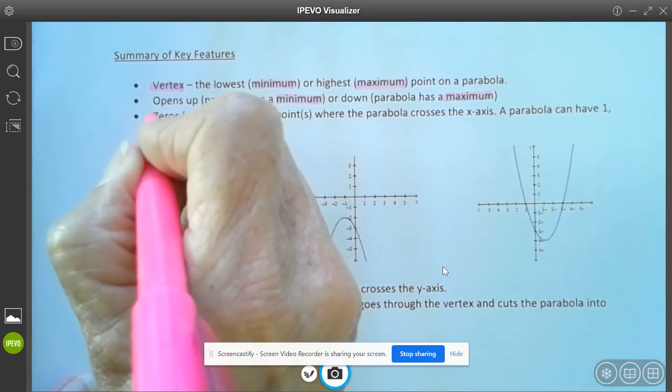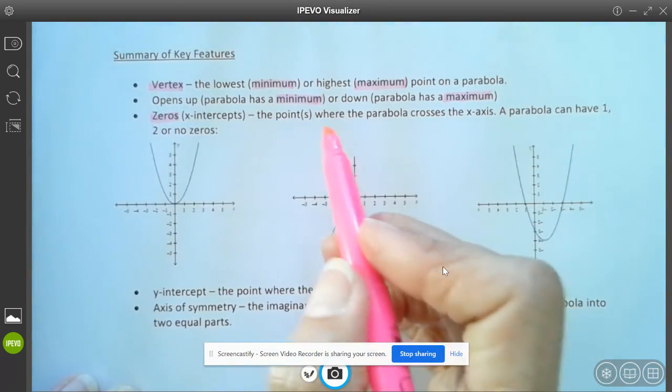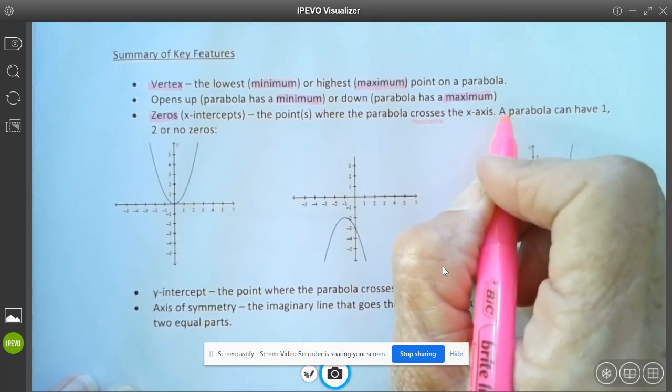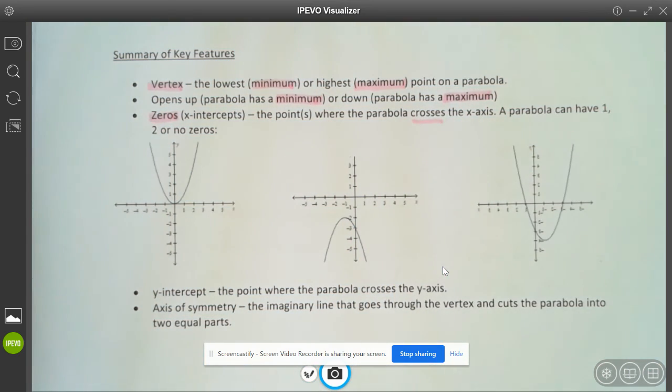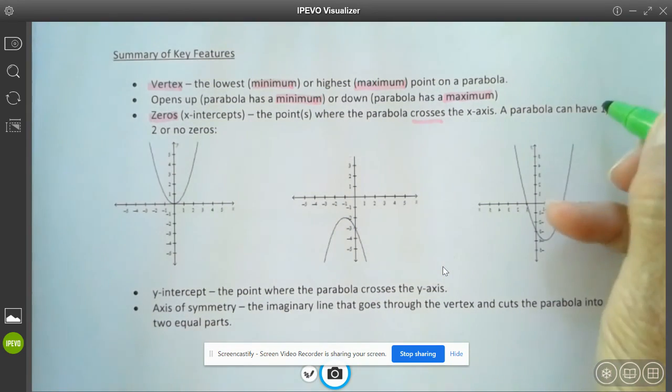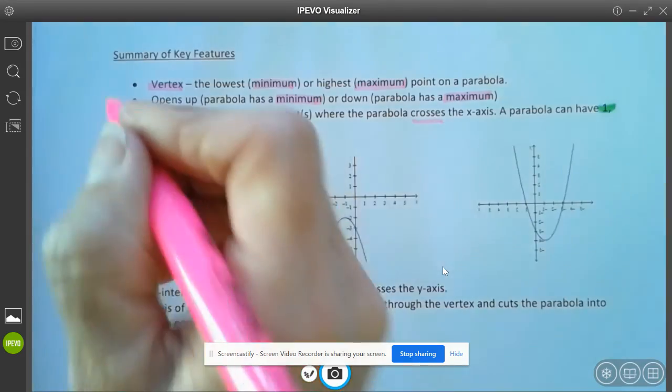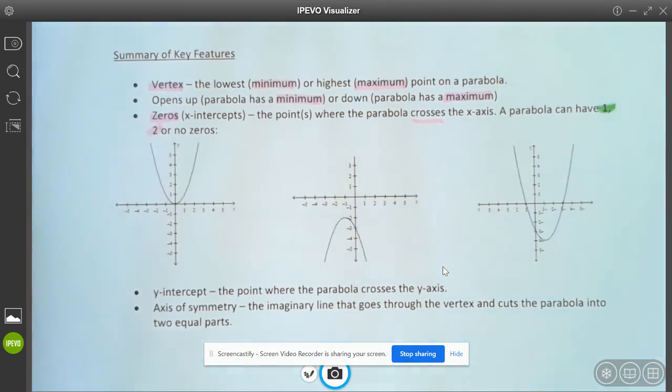The zeros are the x-intercepts, the points where the parabola crosses the x-axis. And a parabola can have 3 types of zeros. It can have 1 zero. It can have 2 zeros, or it can have no zeros.